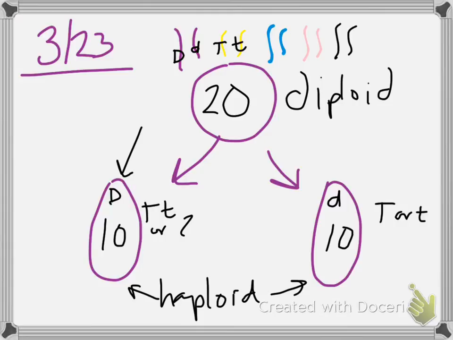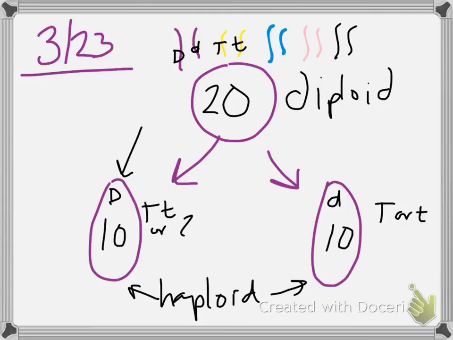So this is how you could pass on the shape of your eyes to your offspring, but your offspring could have the shape of your partner's nose. Or your offspring could have your hair color, but your partner's hair texture. So we shuffle these things up, and the offspring only gets half the chromosomes from each parent.